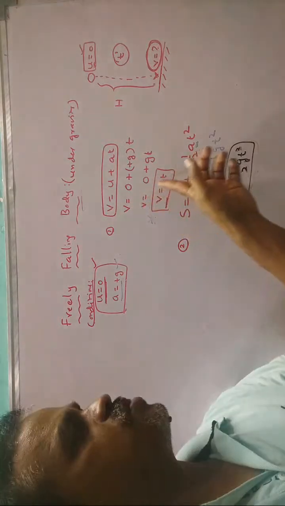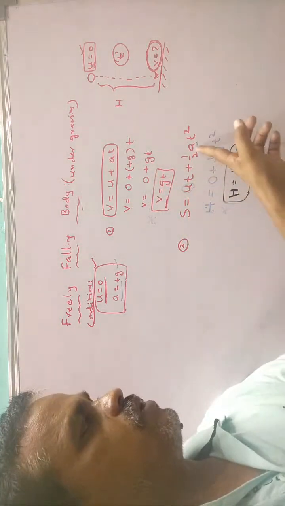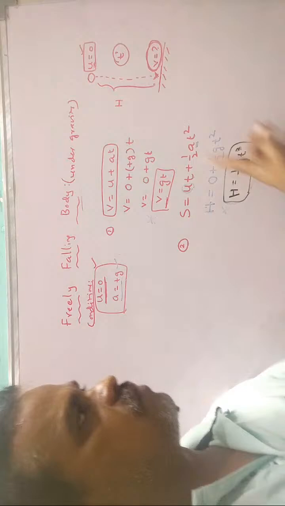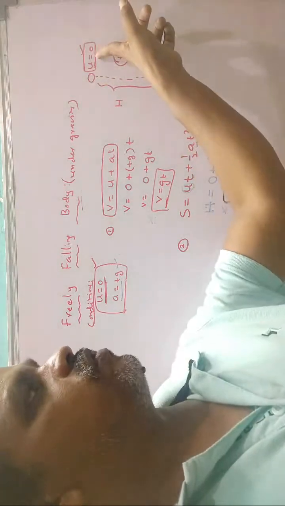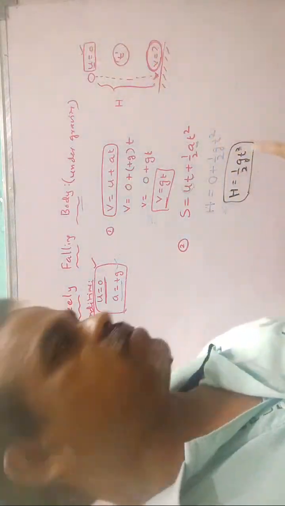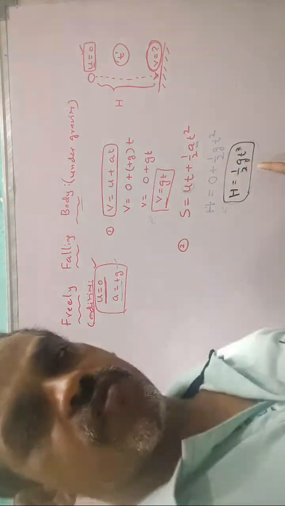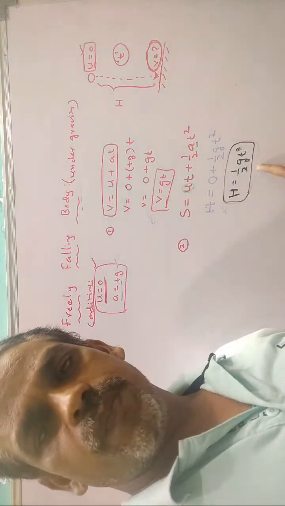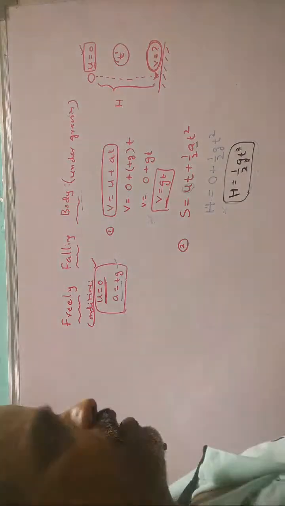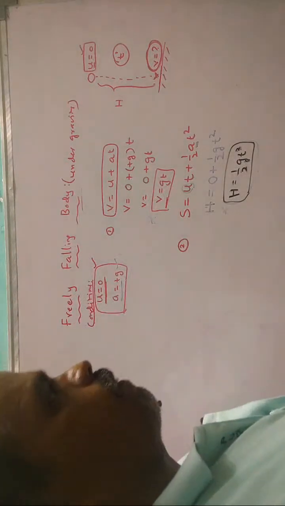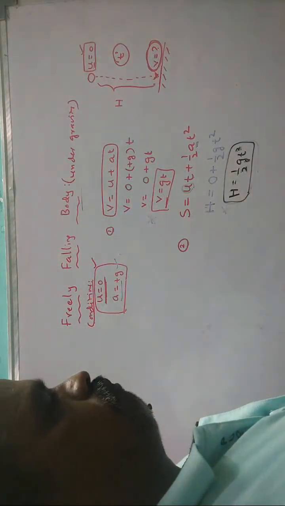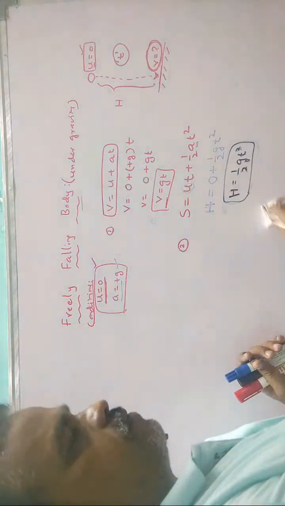I just substituted here. The distance covered by the body starting with initial velocity 0 is h equal to half gt square. Next, you just copy it.